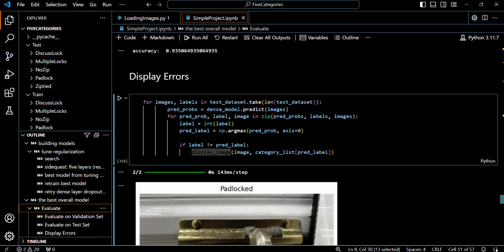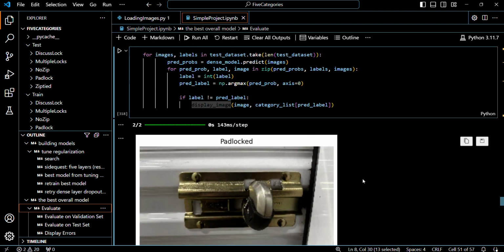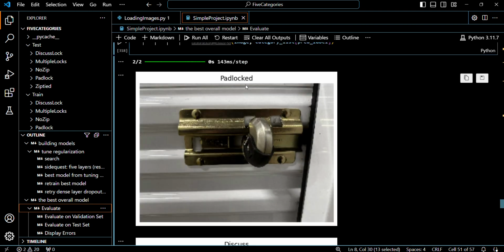We loop over the images and labels in the test data set and display the images and labels for the ones that were misclassified. This is described as a padlock. This is misclassified as a padlock, and I find that disappointing.